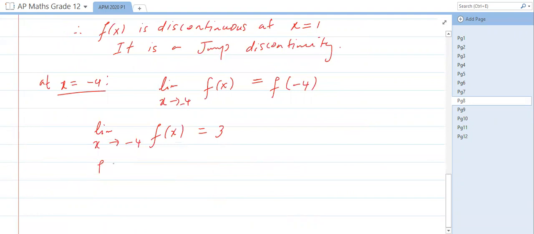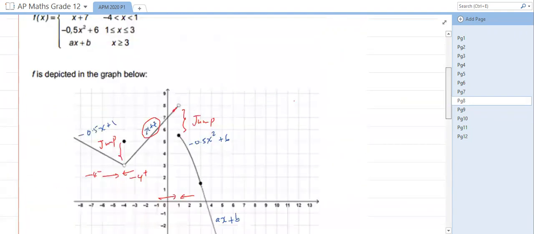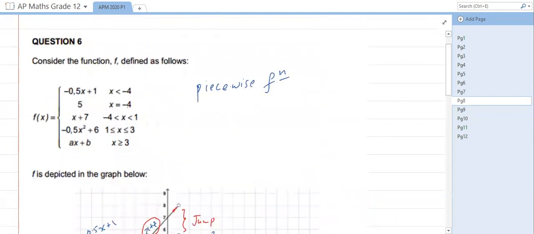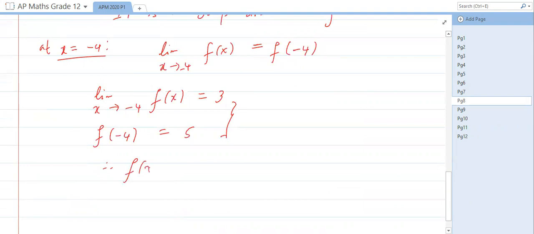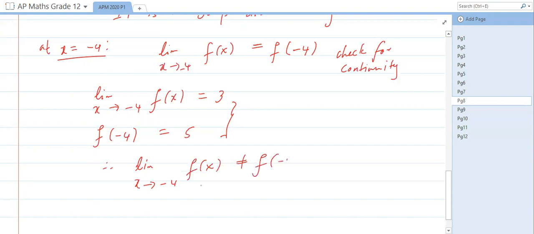And f of -4 is equal to 5. We can clearly see a jump in value again. So to check for continuity, the limit as x approaches -4 of f of x is clearly not equal to f of -4.